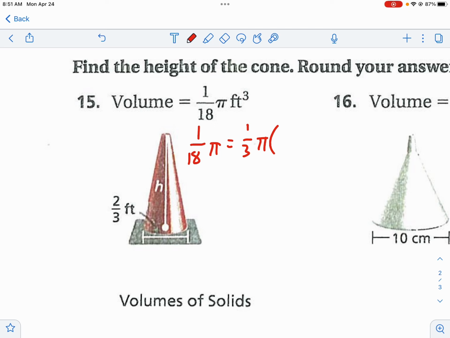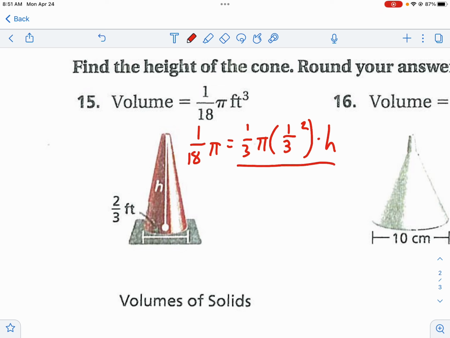So half of 2/3 is 1/3, squared times the height, which we don't know. So let's take these numbers. And looks like we get 1/3 pi, 1/3 squared. Looks like we'll have 1/3 cubed times pi.